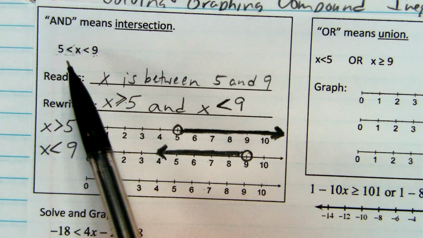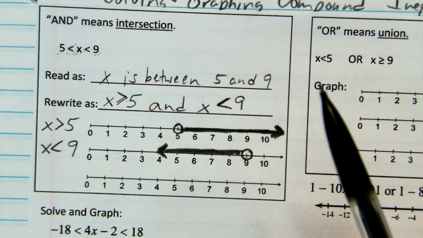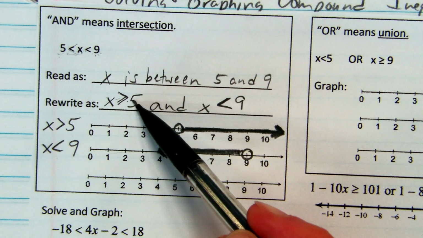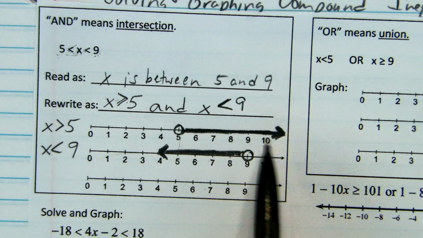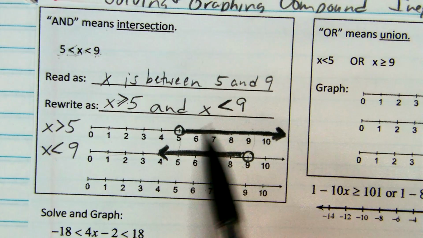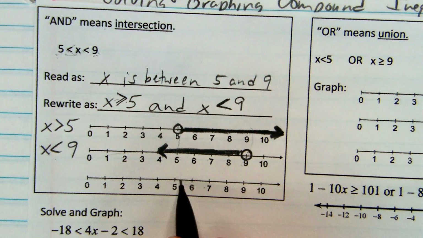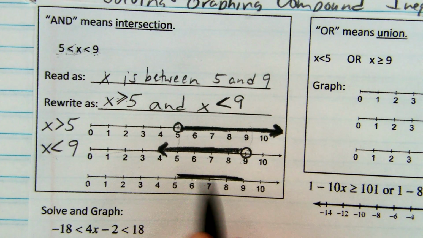When we put them together like this, we're looking for where x is between 5 and 9. We're looking for numbers that are bigger than 5 and less than 9, which are going to happen between here and here. So if we look at where these graphs overlap, they overlap between 5 and 9. So for sure we're going to shade between 5 and 9, all of those numbers.